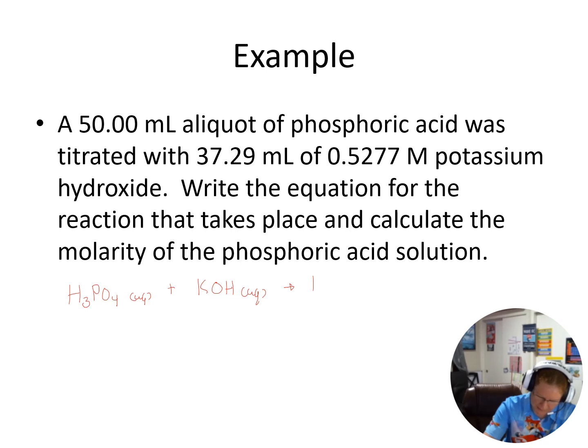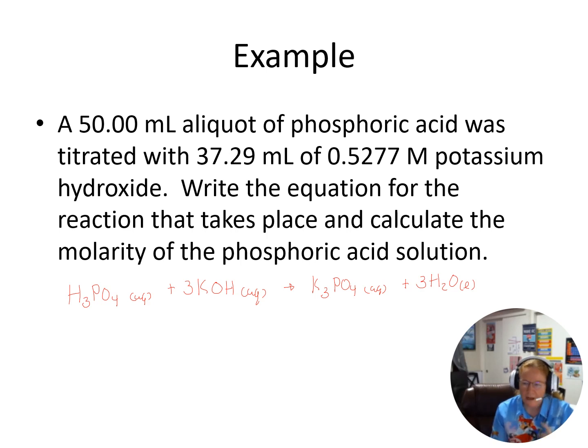We're going to get potassium phosphate and water. Okay? We have to balance this. Our balance is we end up with 3 potassium hydroxides and 3 waters. Okay? So we want to know what that concentration of the phosphoric acid was.